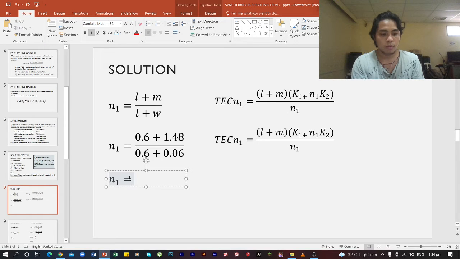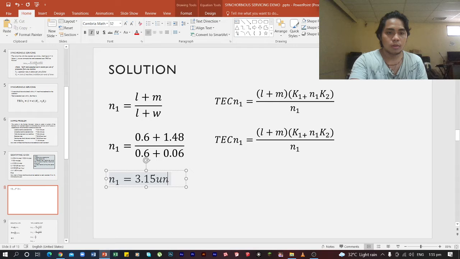0.06 plus 1.48 is equal to 0.8 over 1.48 is 0.6 plus 0.06 is equal to 3.15 units.